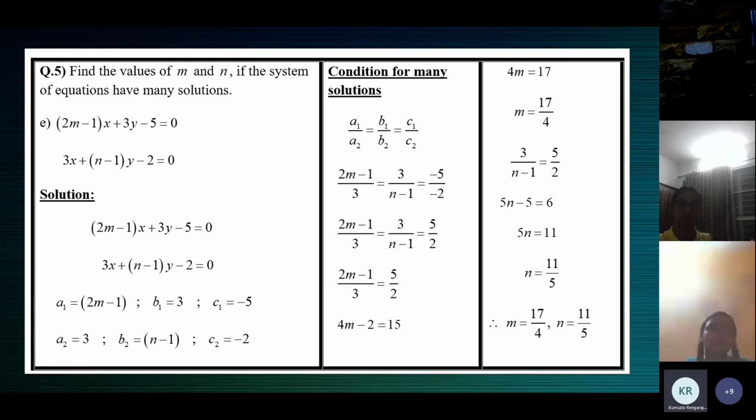I've received some answers on WhatsApp. Shreyas has got the correct answer. He shared his answer on WhatsApp. Ma'am, Sneha and Harini also.